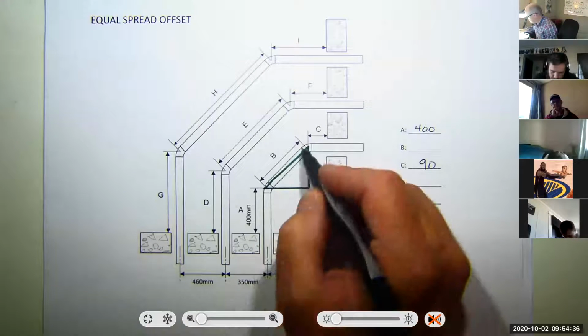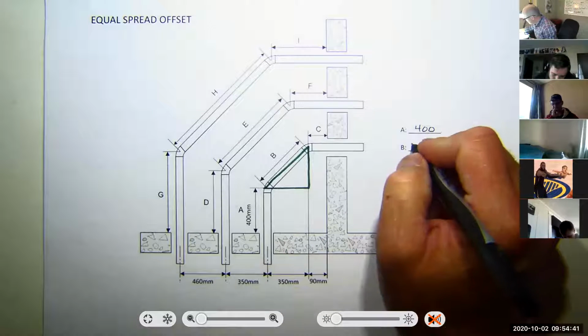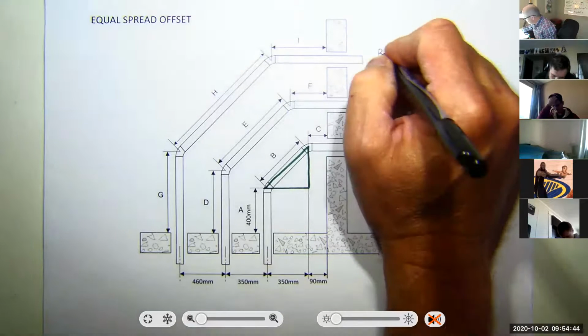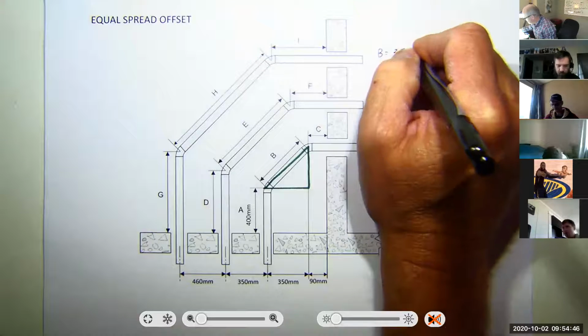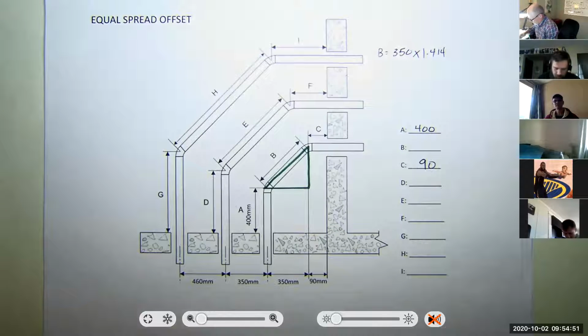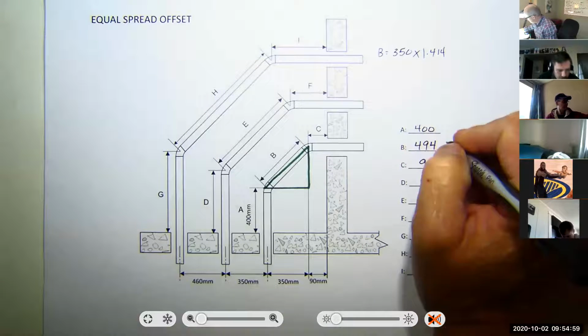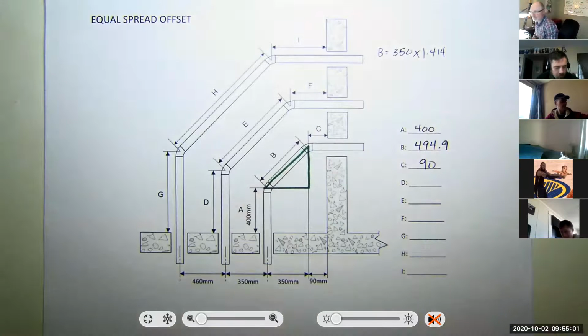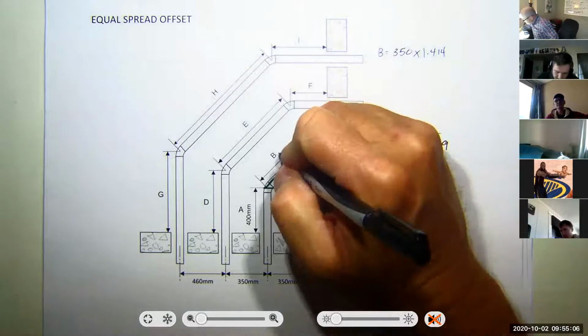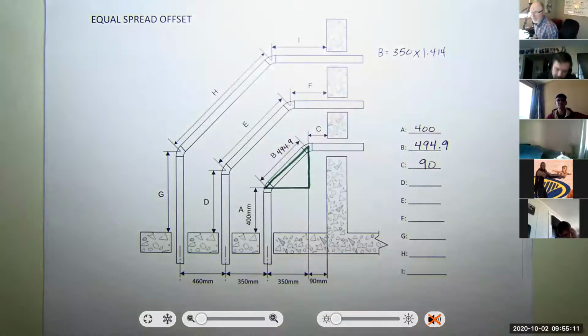Can I get B now? Yes. B is equal to 350 times 1.414. So B is 494.9. And you know what I'm going to do, I'm going to write that right in here. 494.9 is B.